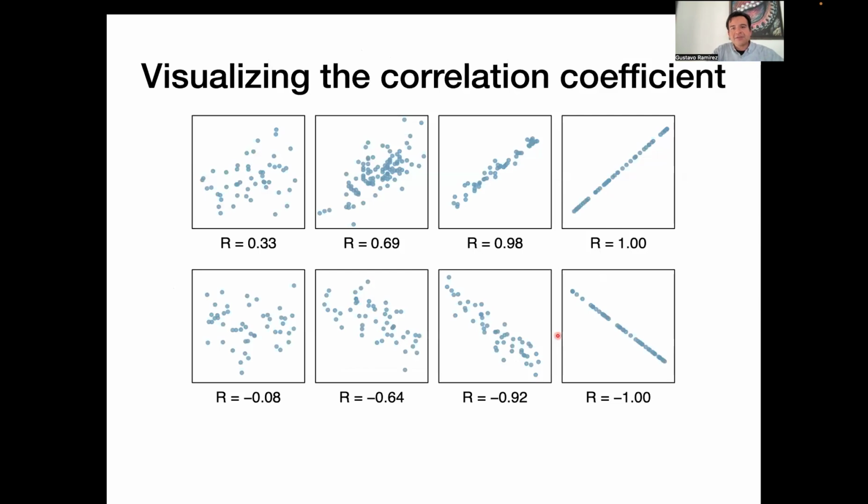So here we visualize something called the correlation coefficient, R. The more linear the data are, the closer R is to either 1 for a perfectly positive linear relationship or -1 for a perfectly negative linear relationship.